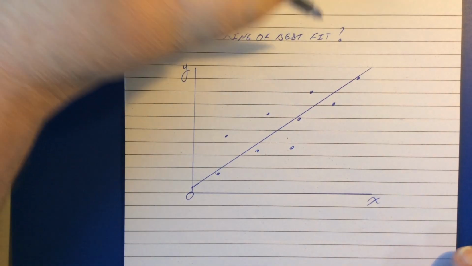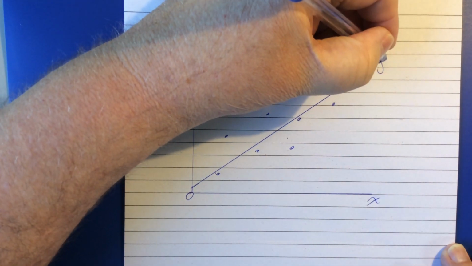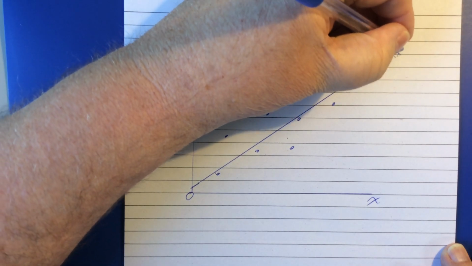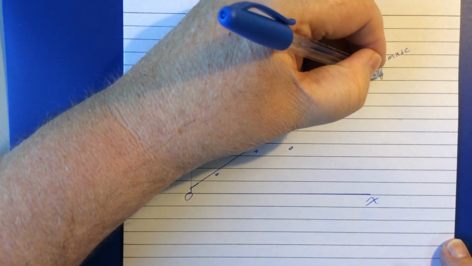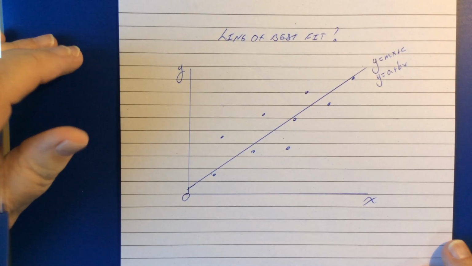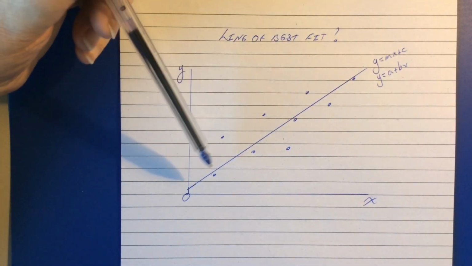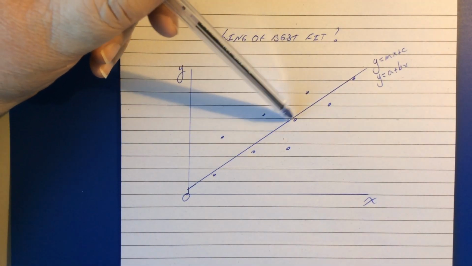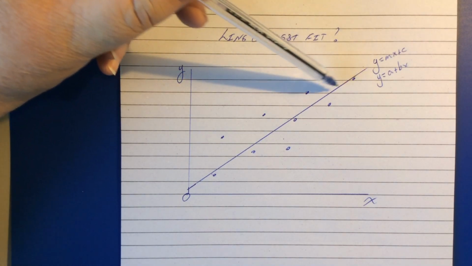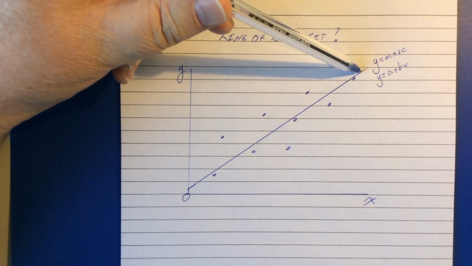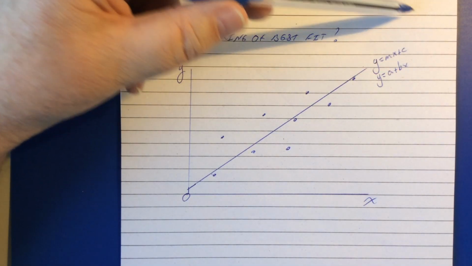What the line of best fit does is eventually it gives us an equation in the form of y equals mx plus c, or y equals a plus bx, whichever one of those you choose, with which we can make predictions about data that is either within this data set or further out here.